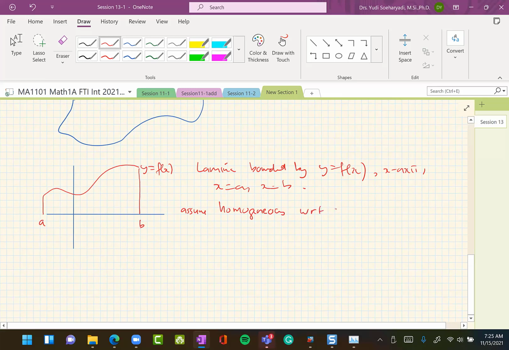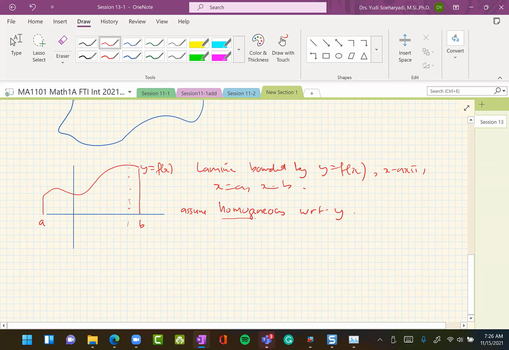Okay, so that means if you think about the mass density over here, for example, there's the same mass density as here, as here. It might be different, but along this line, mass density is the same.